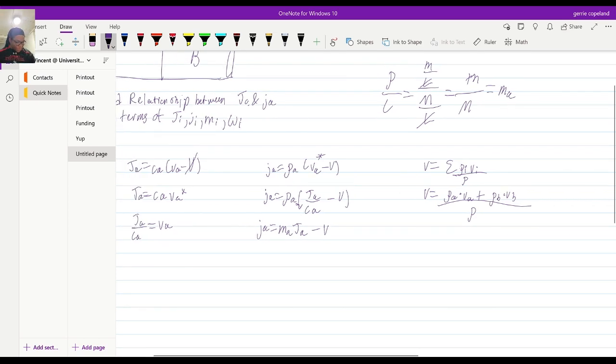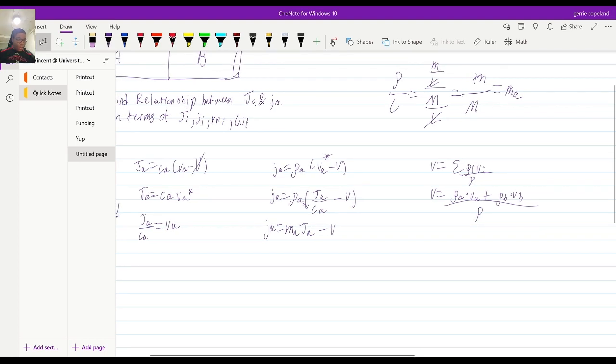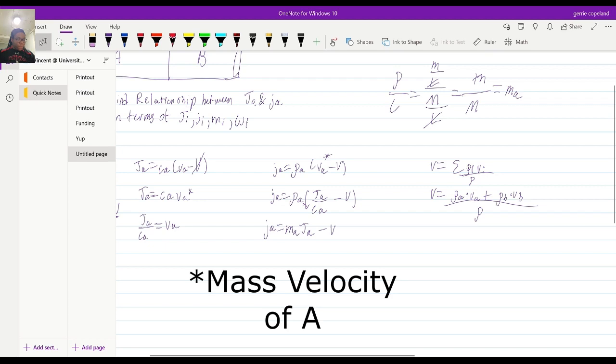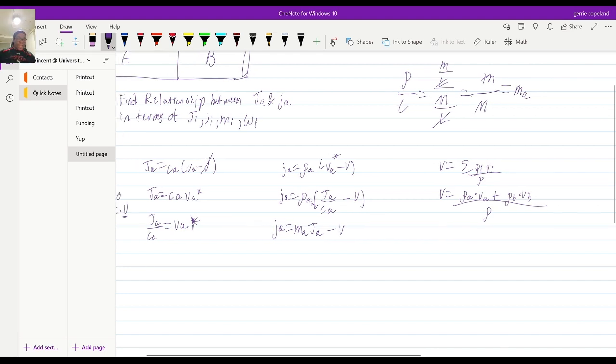From this, we already know what the velocity of A is equal to, as we did over here. The velocity of B is the same, because the equation for both of them is the same, and they're equal in ideal gases.